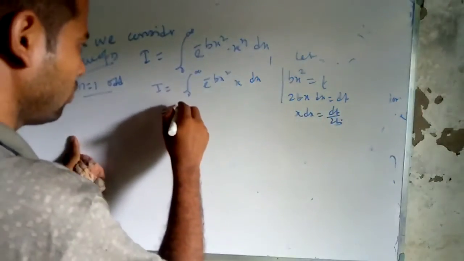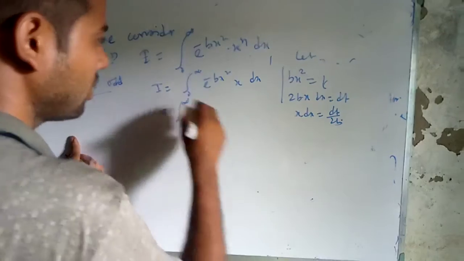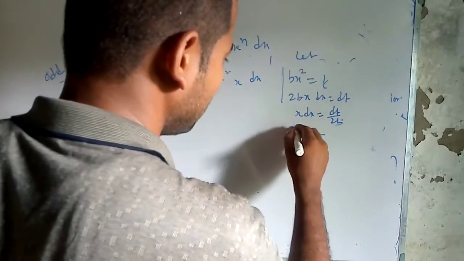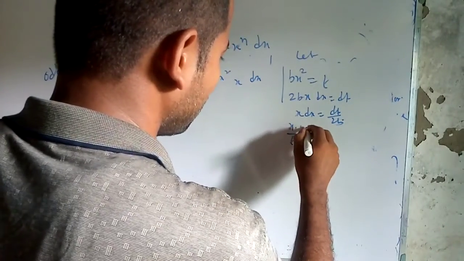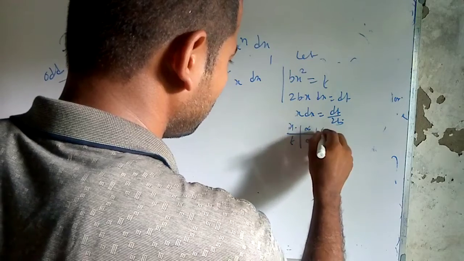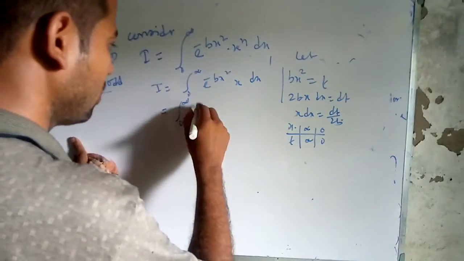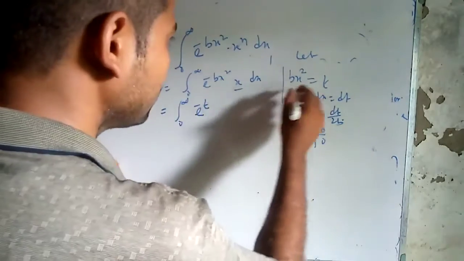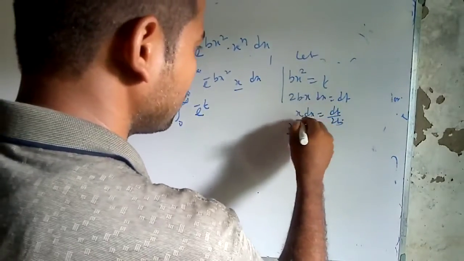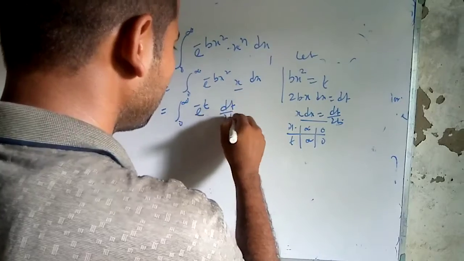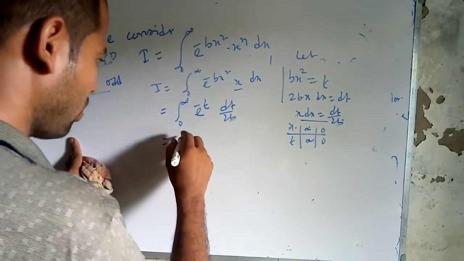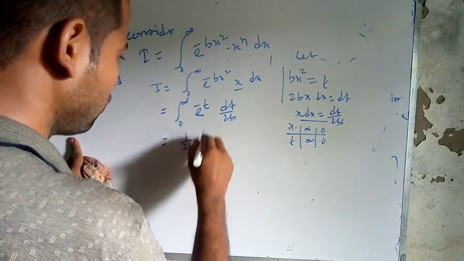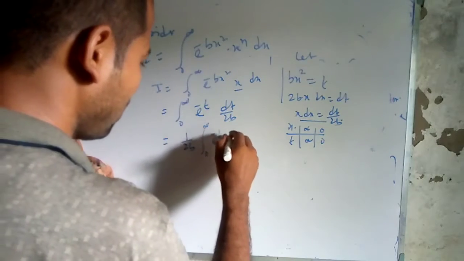Putting this value, the limits change: 0 to infinity becomes 0 to infinity, and the integral becomes e to the power minus t dt by 2b, where 2b is a constant value.